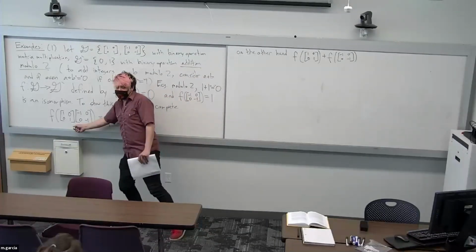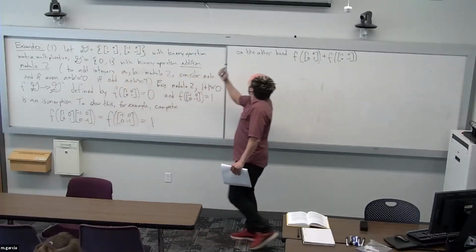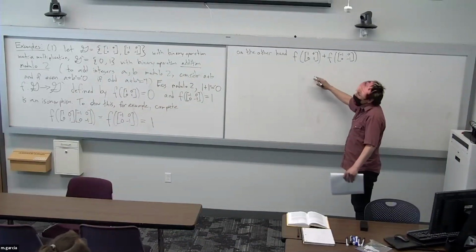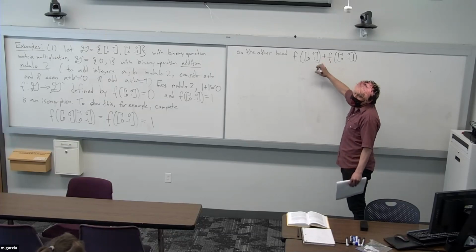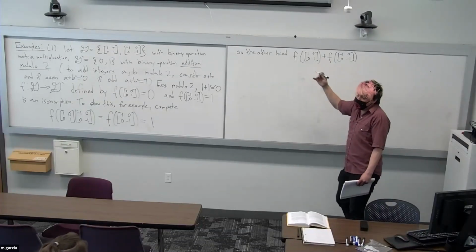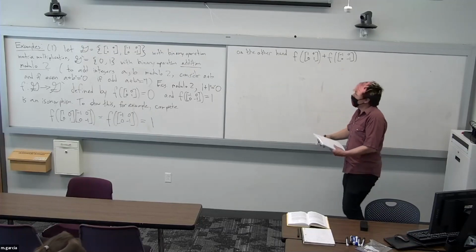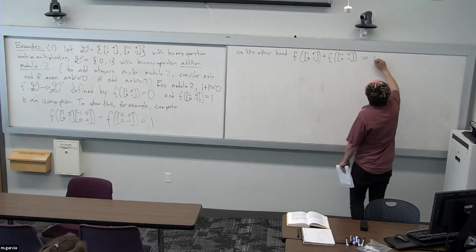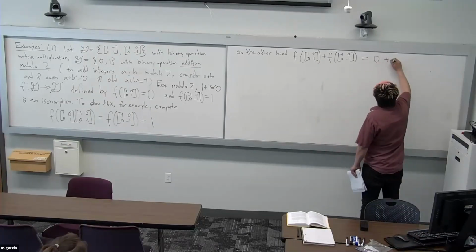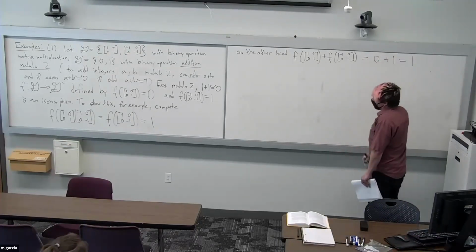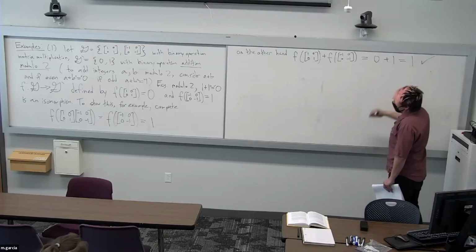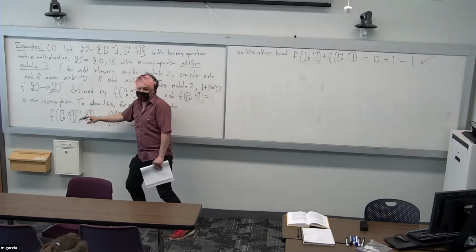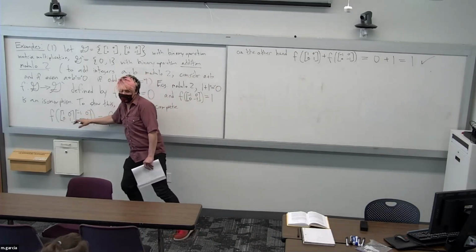Inside F, we're using the operation of G. When we combine the results of F, we have to use addition mod 2, the operation of G prime. Okay, so again, by definition, this is 0, and this is 1. So we check that this works for this product in G.